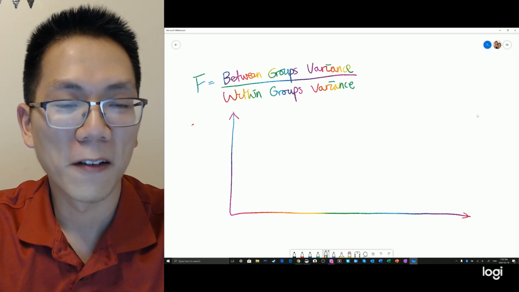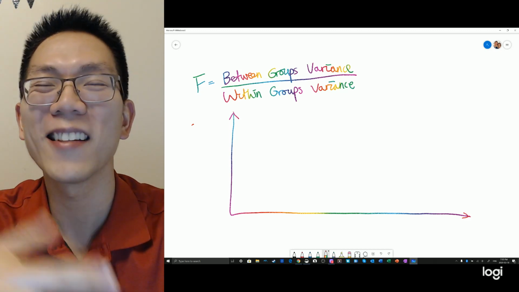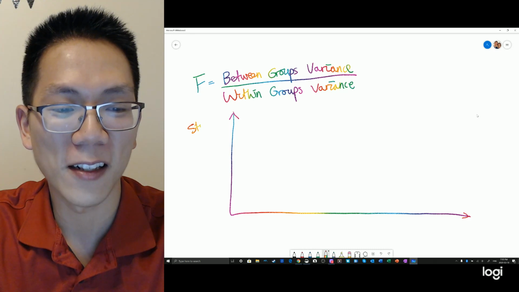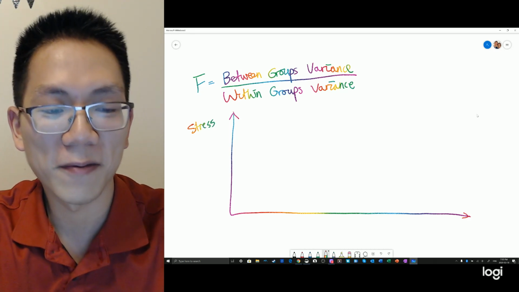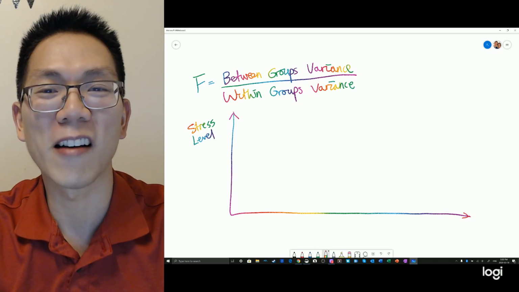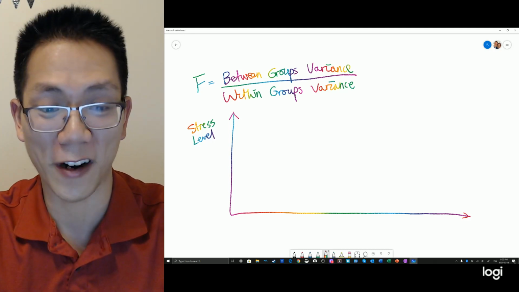If it was a therapy and the therapy was measuring, let's say, stress levels, so let's say this is the stress level. Obviously, the higher the stress level, the worse it is. We generally don't like too much stress.